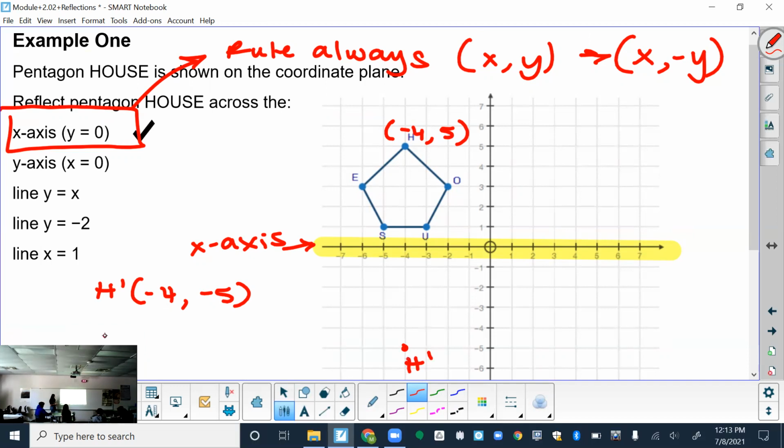All right, what is the coordinate for the original O? -2, 3. So then O prime would be -2, -3.